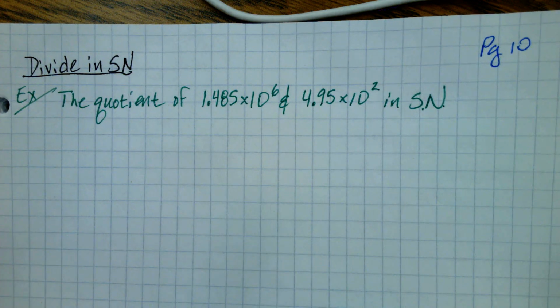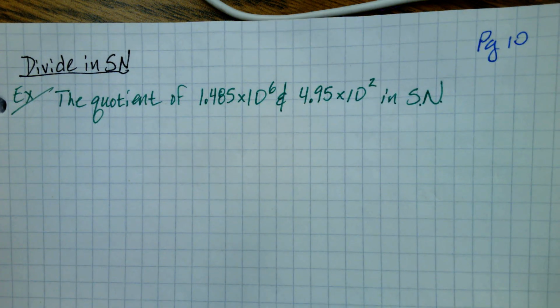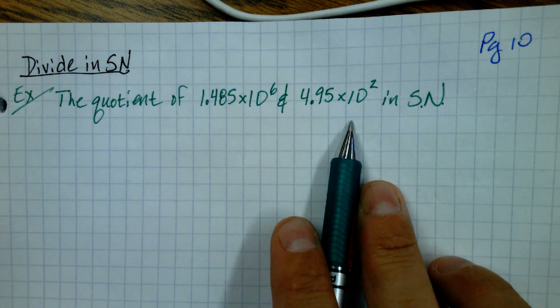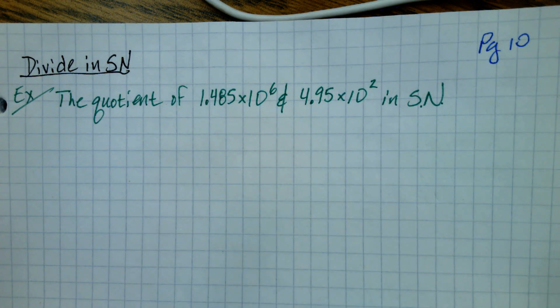So I just put in SN. So go ahead and write that down. The quotient of 1.485 times 10 to the sixth and 4.95 times 10 to the second in scientific notation. Okay. So let's answer this.